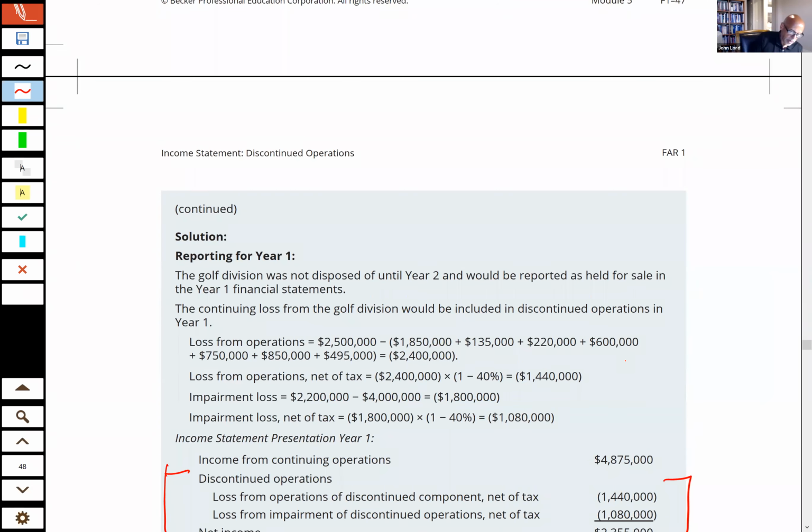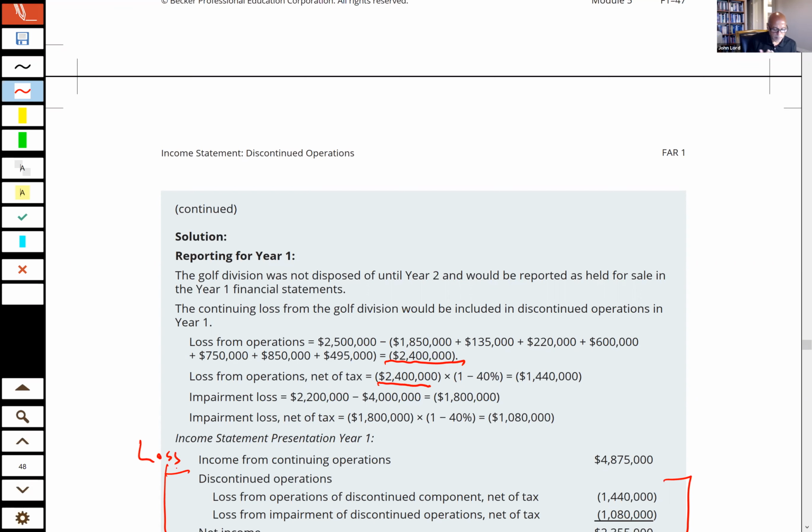More likely, questions are just going to tell you, look, after you've looked at everything, they're losing $2.4 million a year from the operation of this. If they're losing $2.4 million a year, that's the L of the LIDs. That's the loss from operation.